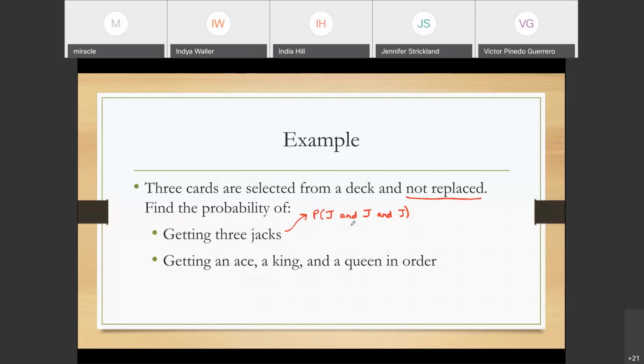All right, so I know that those ands translate into multiplication. So my formula says break it up, put the ands in between.